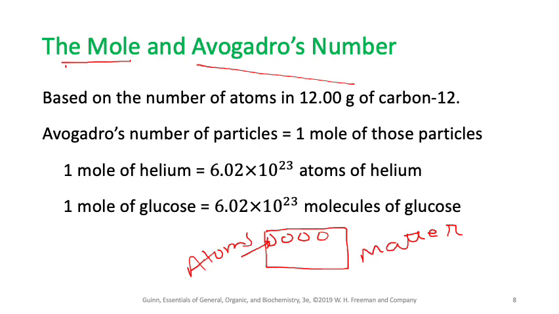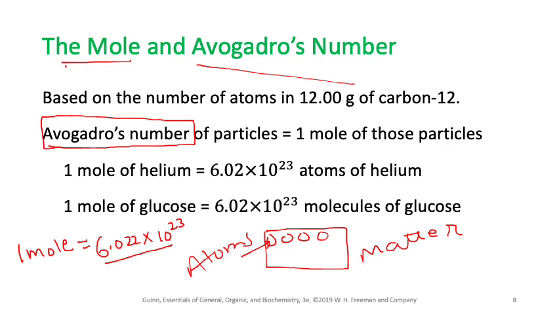A mole of any matter or anything is always equal to one certain number, which we call 6.022 × 10^23. So if we talk about matter, it can be atoms. So 1 mole of anything is equal to this big number, 6.022 × 10^23 of that particular thing. And this number we call a special number called Avogadro's number.